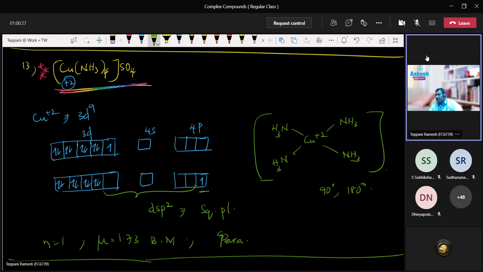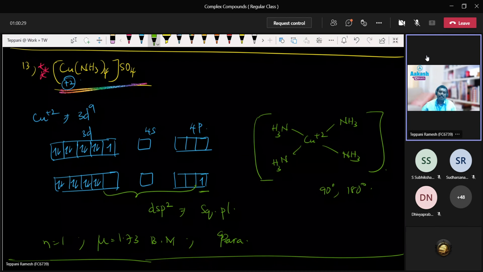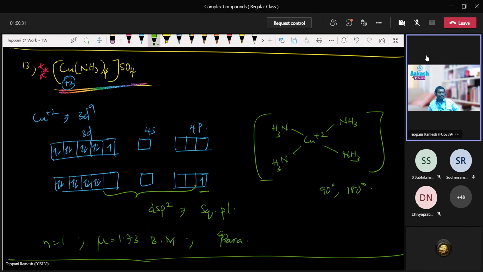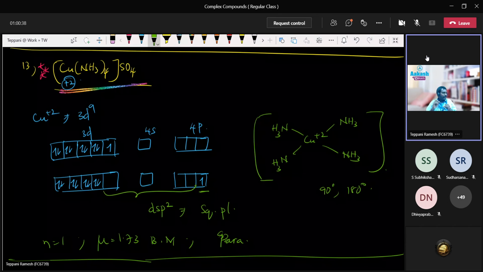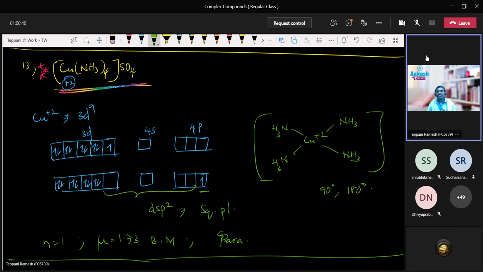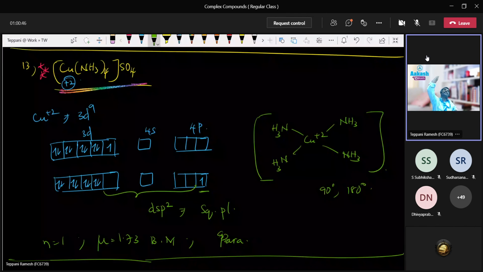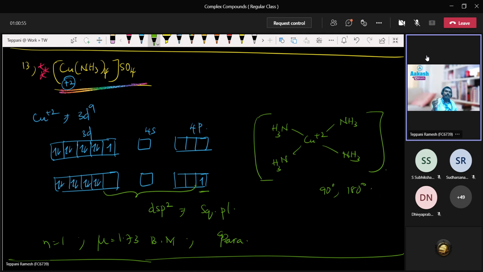Actually, Pauling did not give the theory directly. He verified the experimental details: the magnetic moment and the bond angles. He knew the structure and the answers. To get these answers, I have to keep electrons free or do pairing. To get this structure, what hybridization is required? Accordingly, he arranged it and gave the explanation.